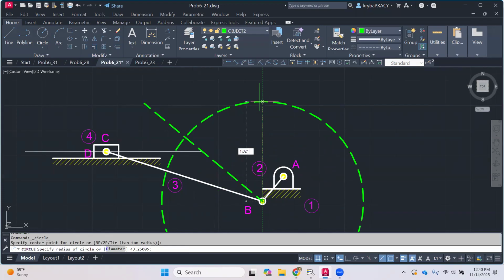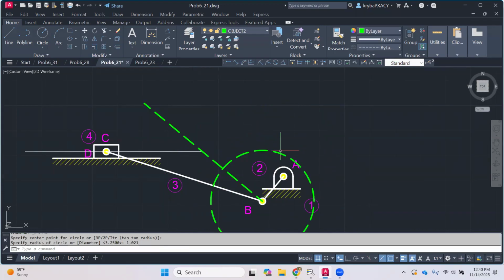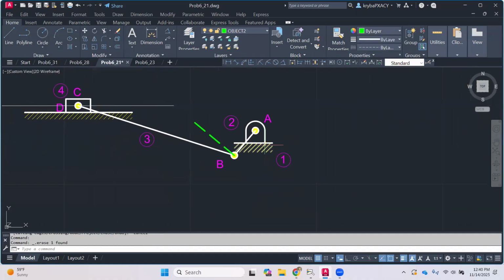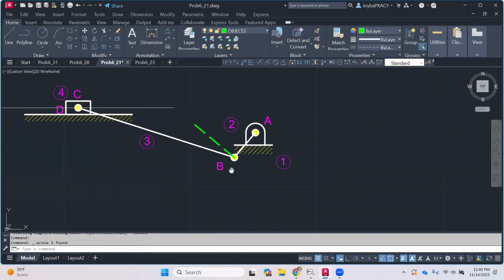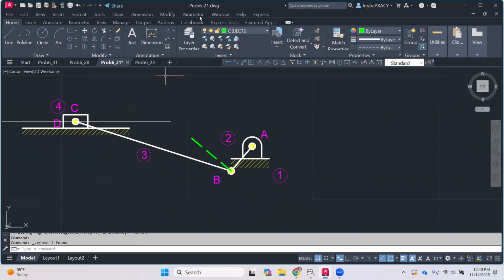So 1.021. Now I'm going to trim away the parts that I don't need. That means the length of this vector that represents the velocity of B is 1.021. And I'm going to delete that circle because I don't need it. I just needed it for the radius so I would get the length of my line.